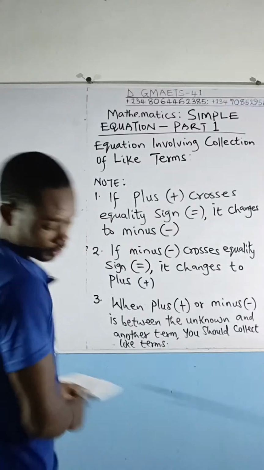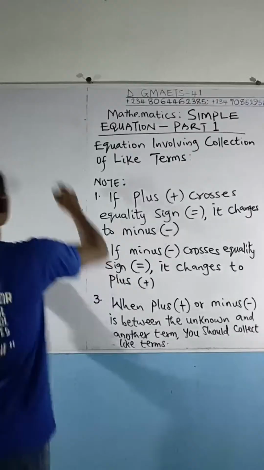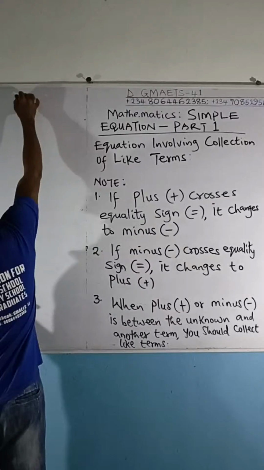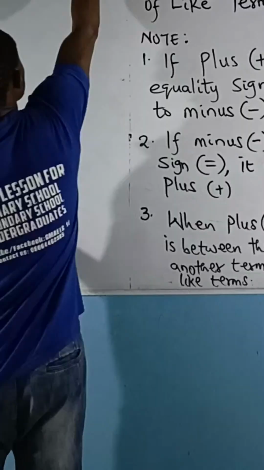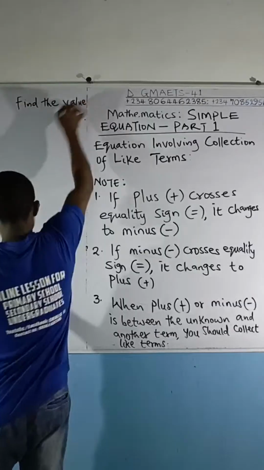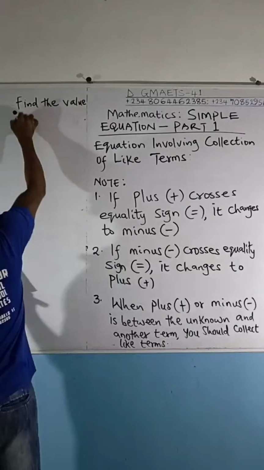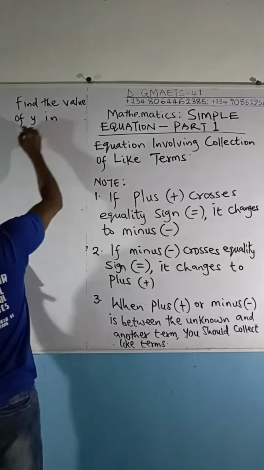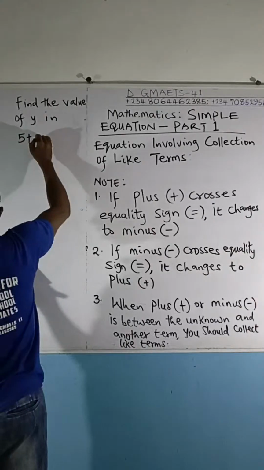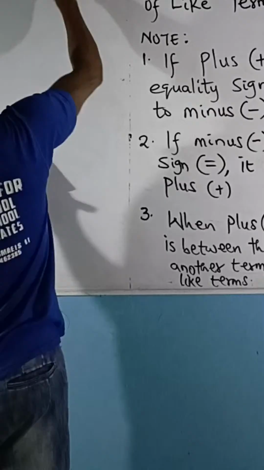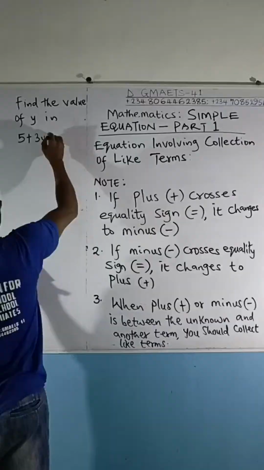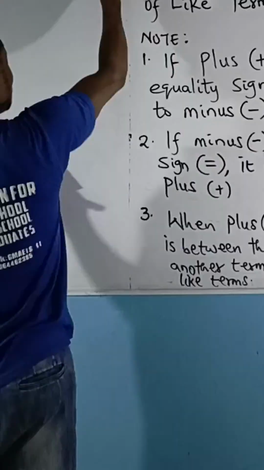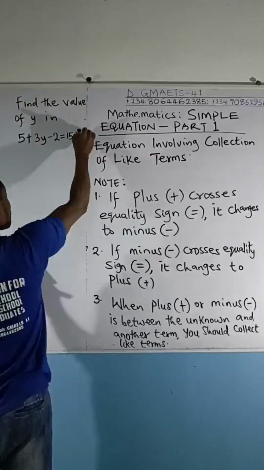So this is the question. Find the value of y in 5 plus 3y minus 2 equal to 15 plus 2y.